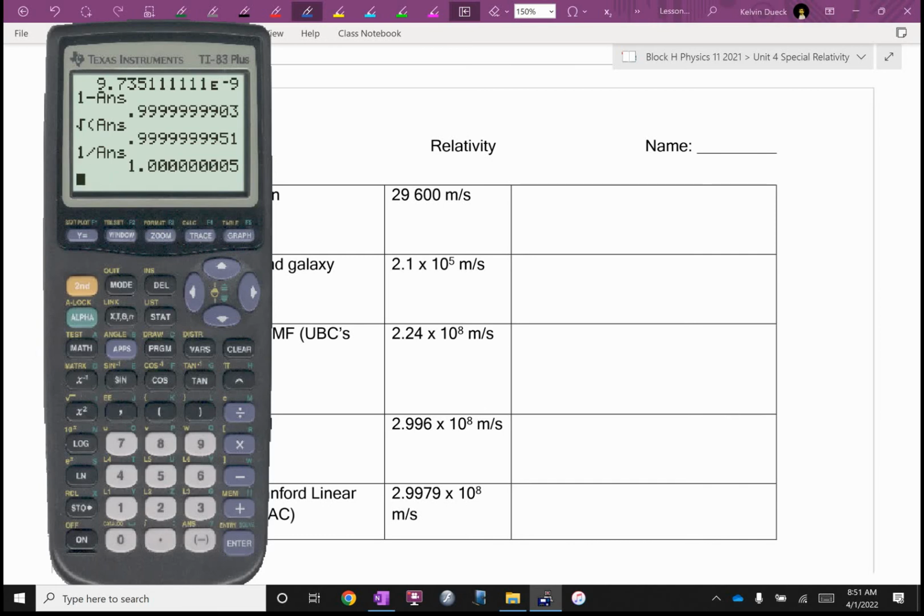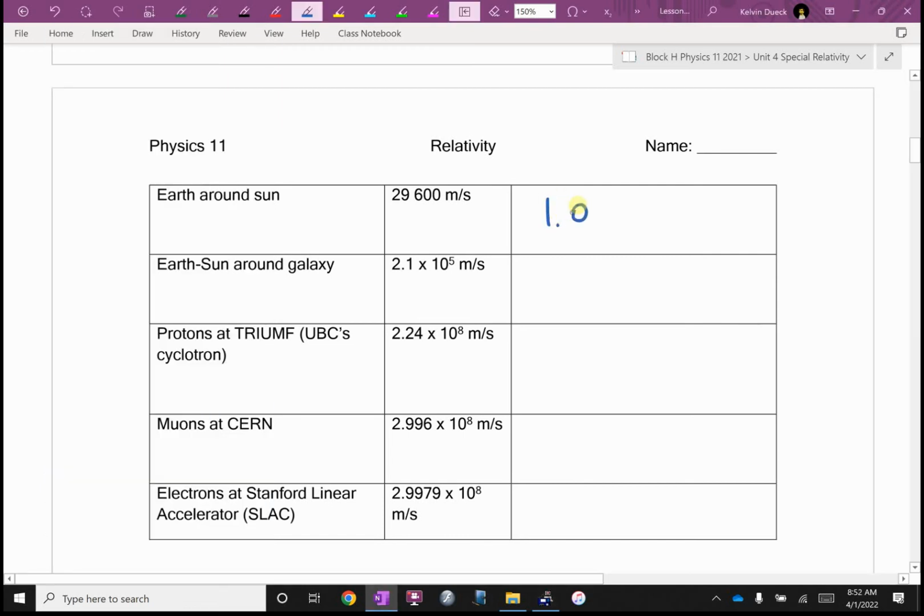And I got an answer. For every hour that goes by on the sun, 1.000000005 hours goes by on the Earth. How many zeros? 1, 2, 3, 4, 5, 6, 7, 8. So let's write that down. 1.8 zeros.